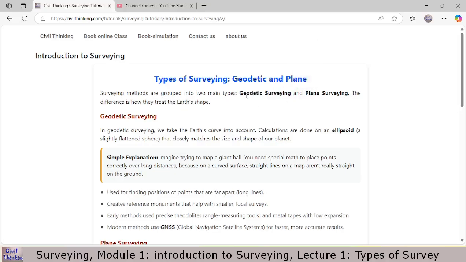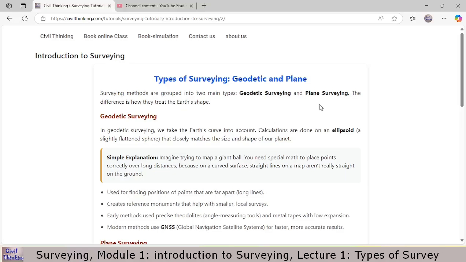Now, in the geodetic survey, because as we know, the earth is like a curved body, right? It's not plane. It is like an ellipsoid. So we consider the curvature of the earth when we carry out the geodetic survey. And in plane surveying, we assume that the earth is flat, and this way the calculations get simplified.